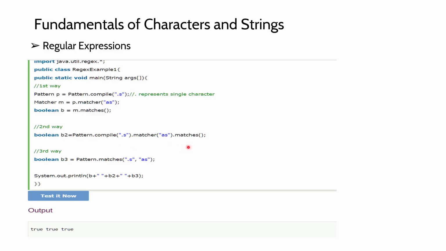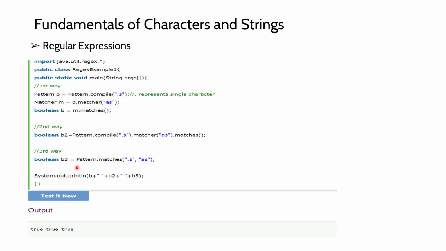The second way to do it is almost like chaining them. So we have our Pattern.compile again with our single character, and then we call matcher on that, pass in a string, and then call matches on that, and that will return a Boolean. And to see if s exists in this string, it looks like it does.